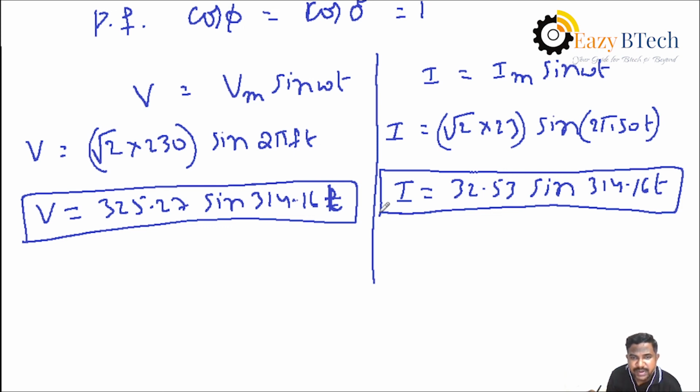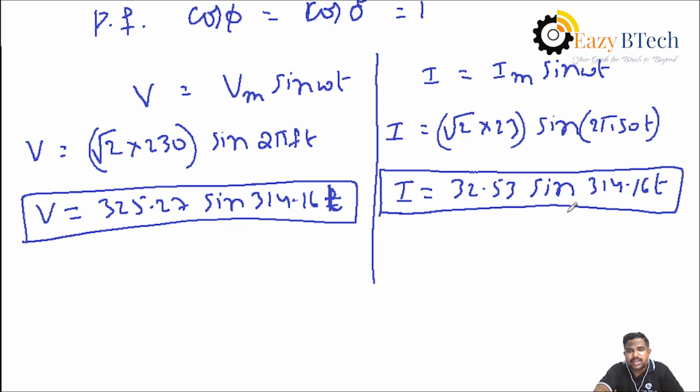Then you can replace the values in the sinusoidal equation, Vm sin omega t or Im sin omega t. Replace the maximum value and the value of omega, which is 2 pi f. F is given, and the standard frequency value is 50 hertz. Replace all values, then find the required voltage and current equations in the given circuit.